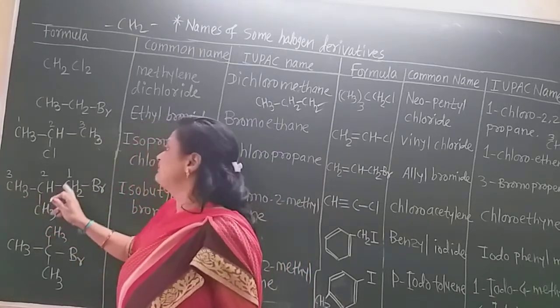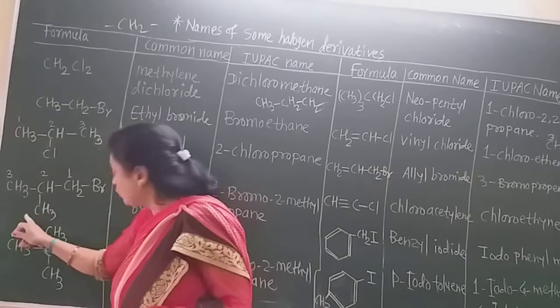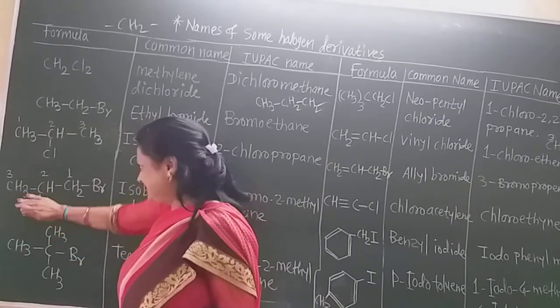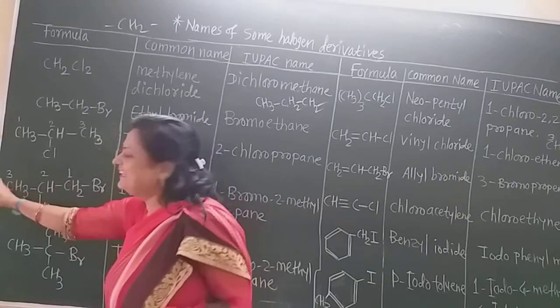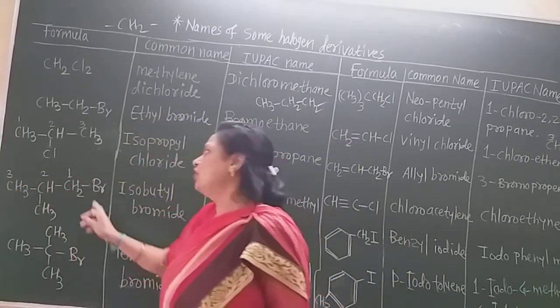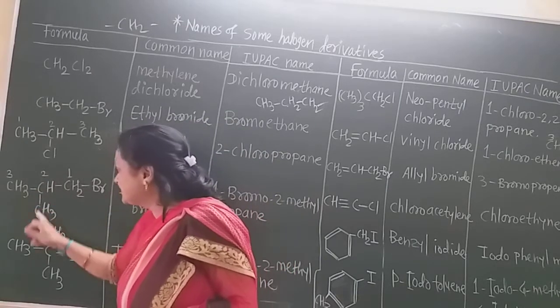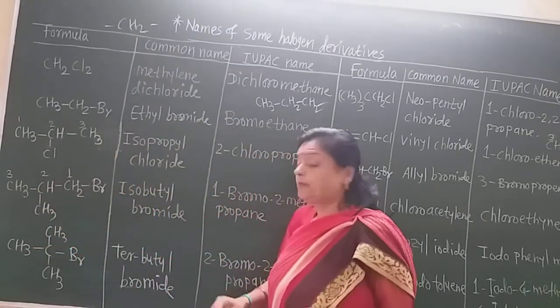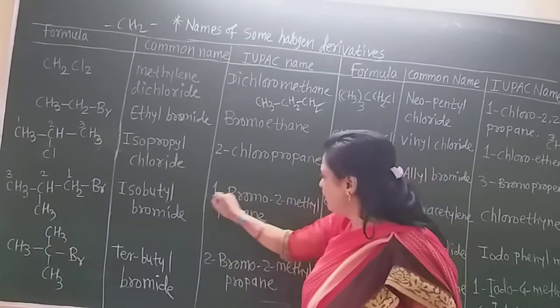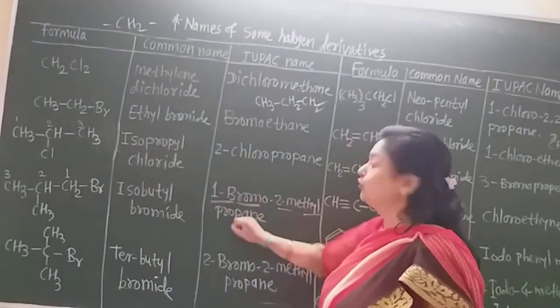Do not number 1, 2, 3 and 4, because this is a substituent. This is not in the straight chain. Only in the straight chain there are 3 carbon atoms, so give only 1, 2, 3 numbering. Now on the first carbon there is bromine, on the second carbon there is methyl. Alphabetically B comes and then M, and therefore 1-bromo-2-methyl propane.